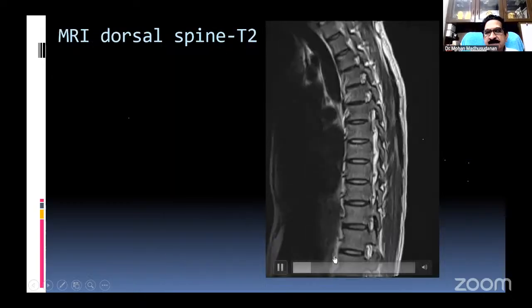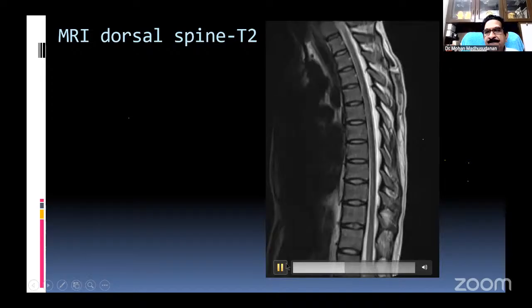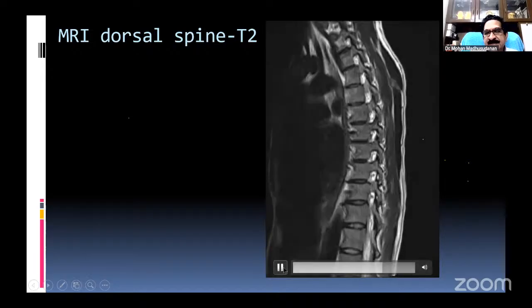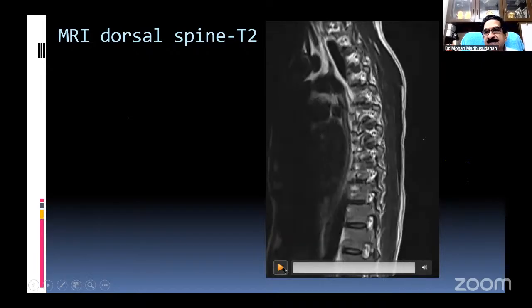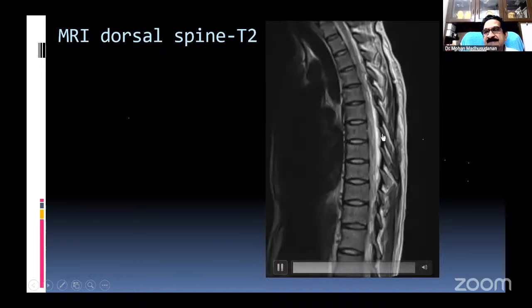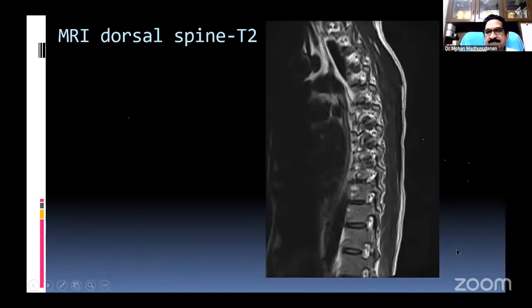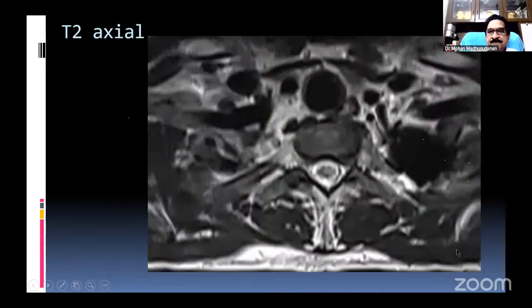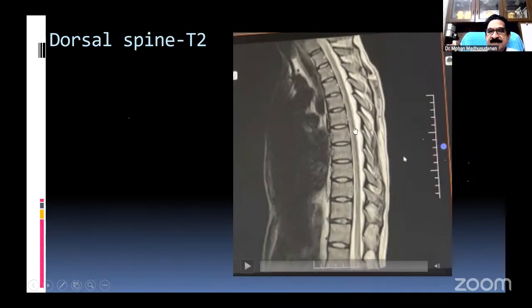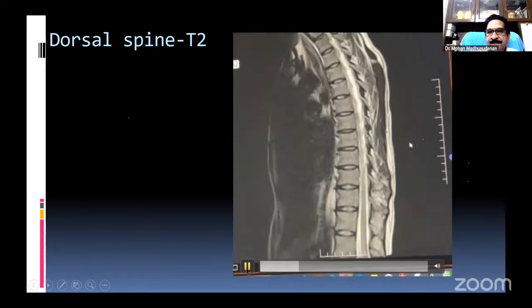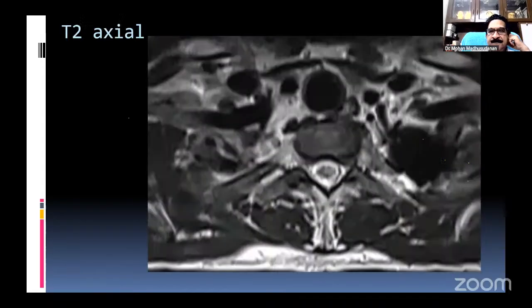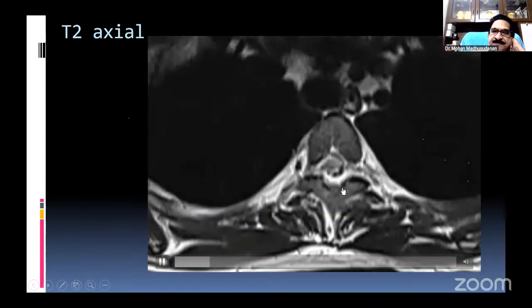Dorsal spine, dorsal cord. You can make out the hyperintensity in the cord. I'll play it once again. See the hyperintensity which is still persisting in the lower spinal cord. This is the axial.